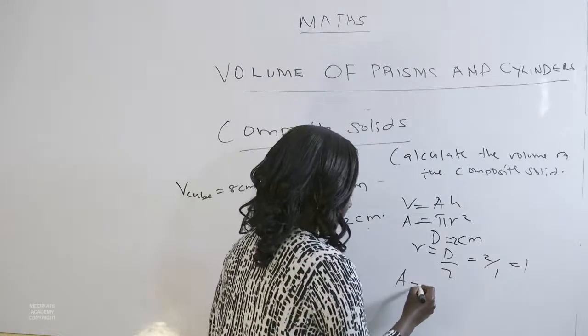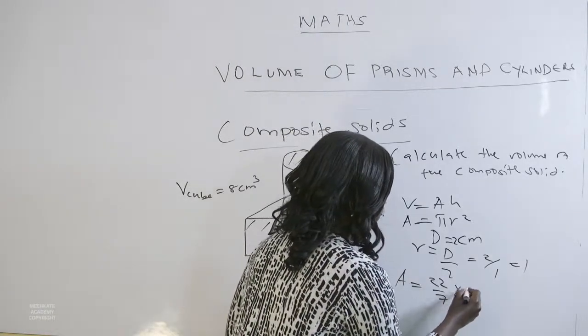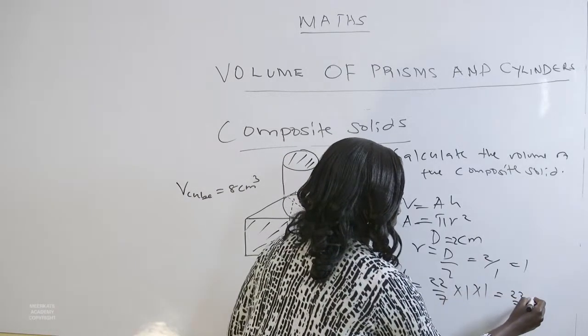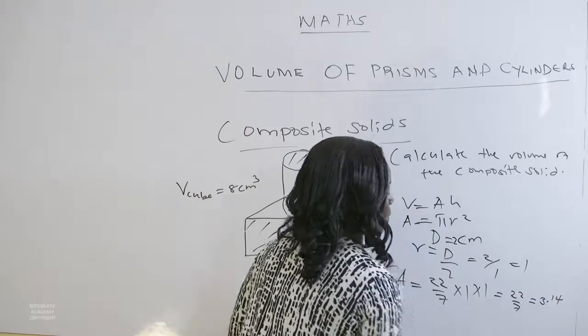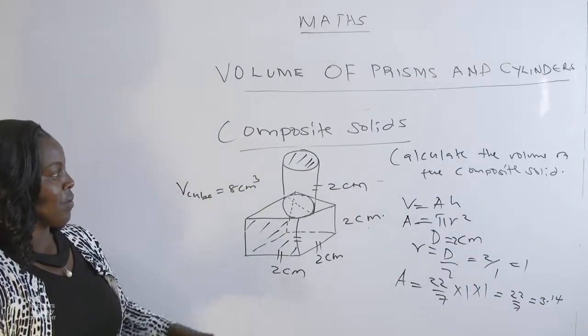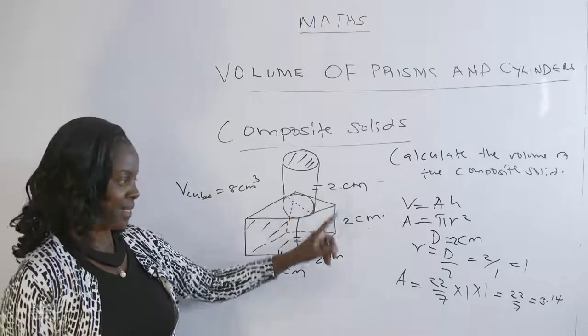Calculate the area. That will give us 3.14. Then we multiply by the height.